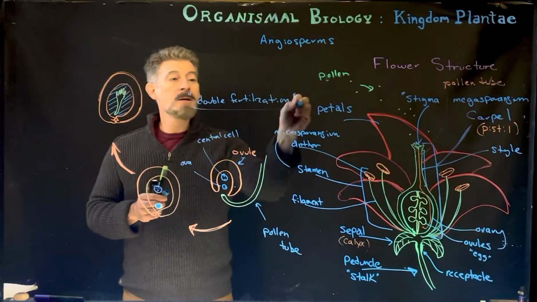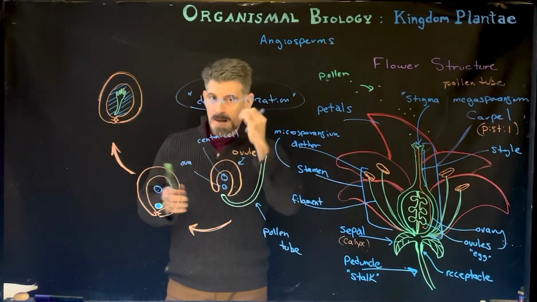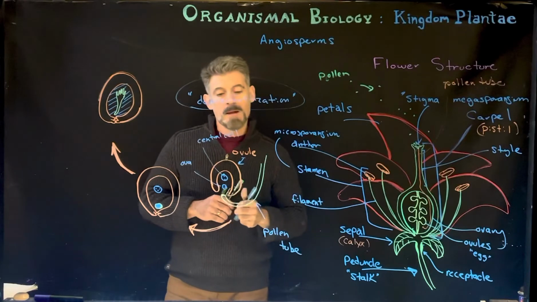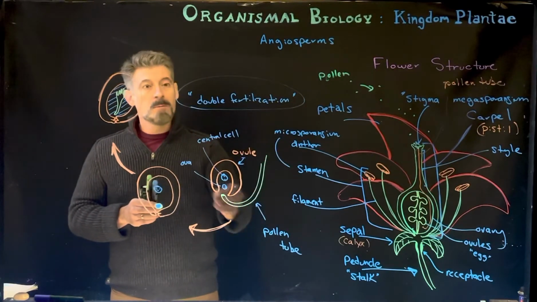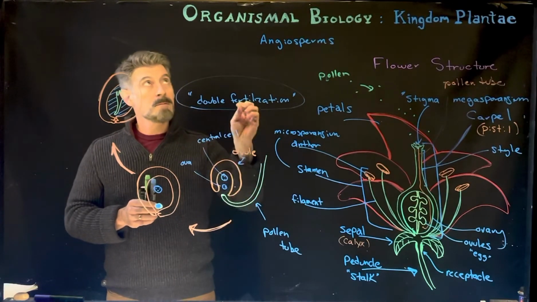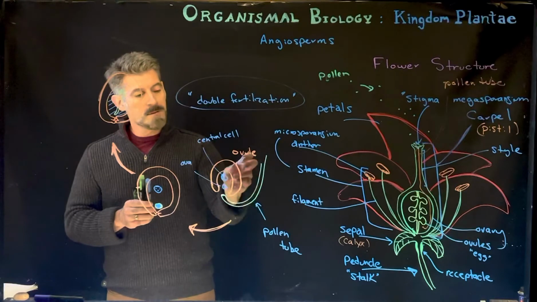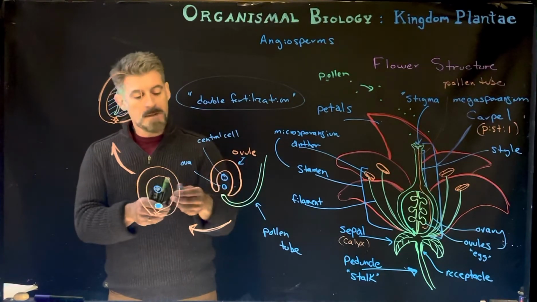So this is something unique that's going to happen in the angiosperms. It doesn't happen in the gymnosperms. The sperm is produced through meiosis itself, and there'll be multiple sperm here.